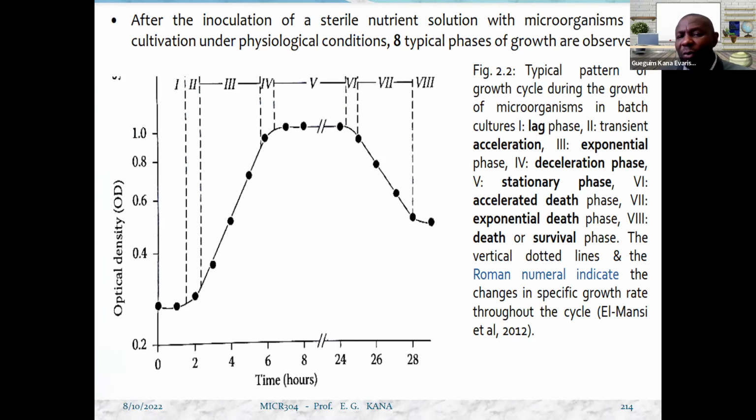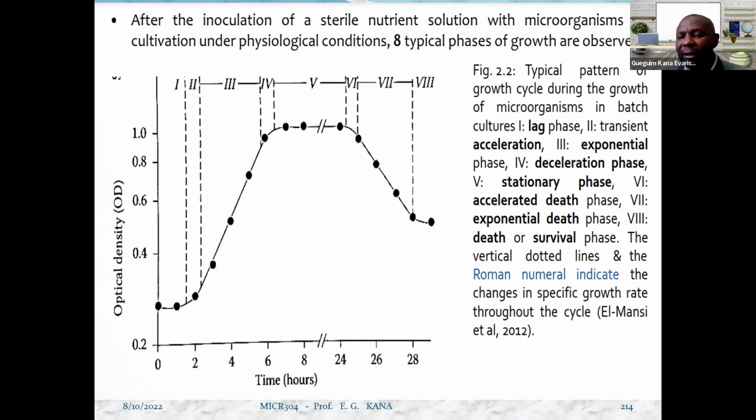Or you can ensure to remove those parameters that are leading to the deceleration phase. For example, if the deceleration phase is triggered by the accumulation of toxic substances, if you remove those toxic substances, you can actually extend the deceleration phase.